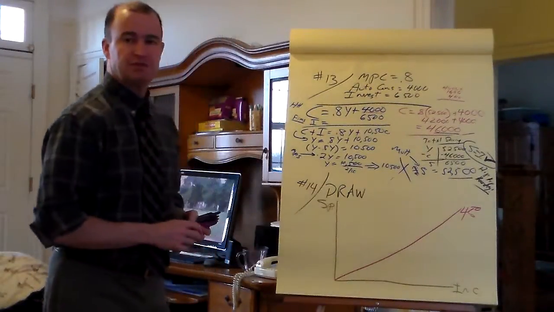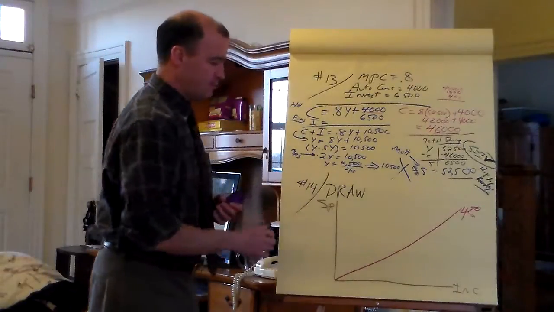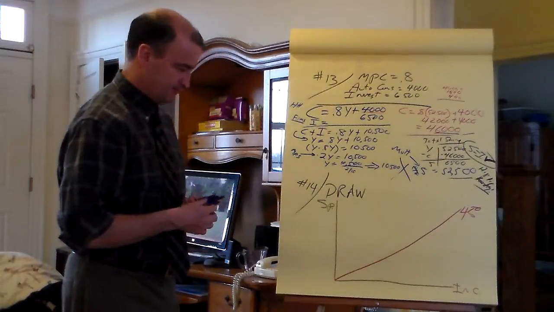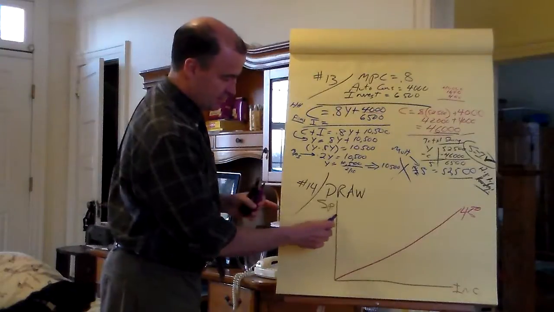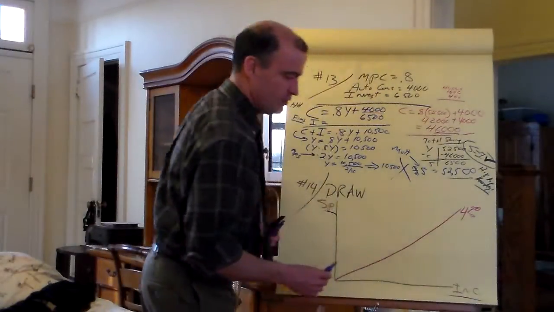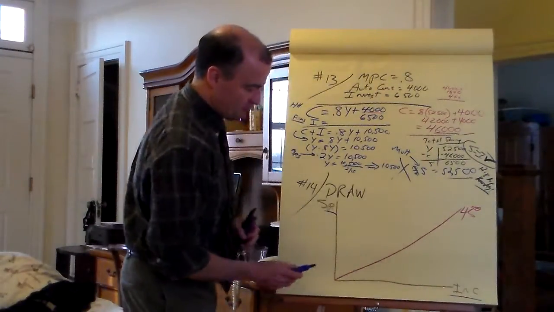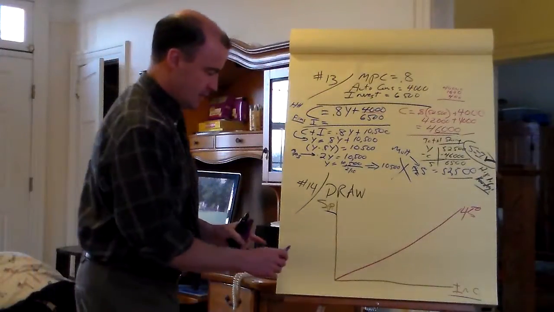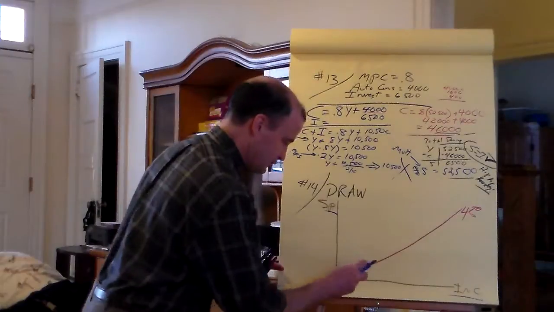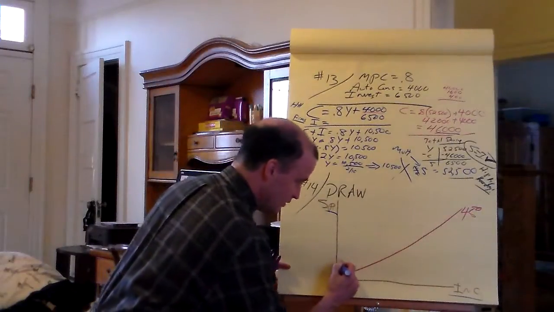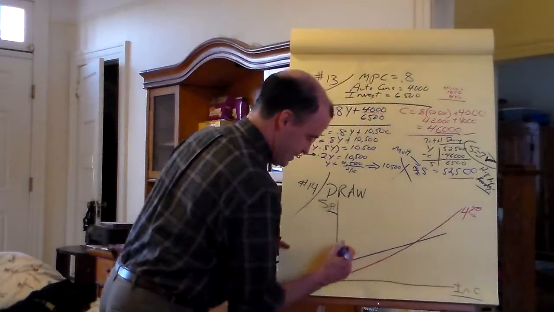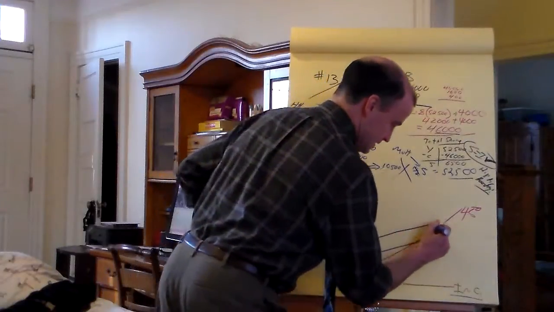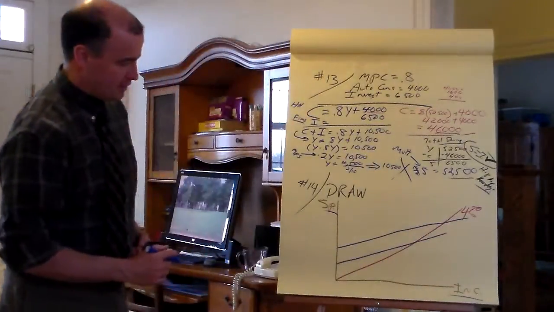The routine is always the same. Now we want to draw that information on the 45-degree diagram. I've set it up here, spending on the vertical, income on the horizontal, and the 45-degree line, which looks a little curved here, but we'll just have to go with it. I'm going to need two lines, starting from there straight up, as parallel as I can.